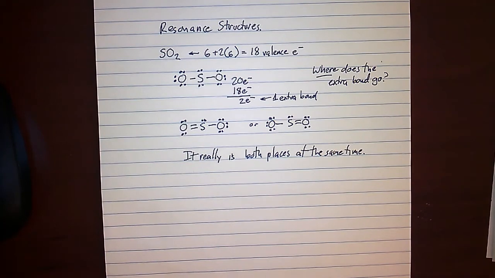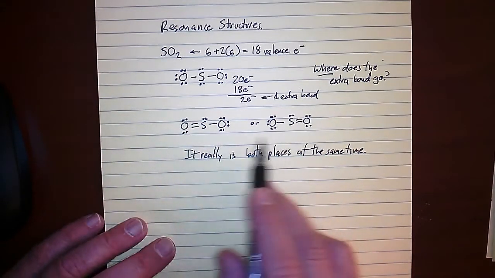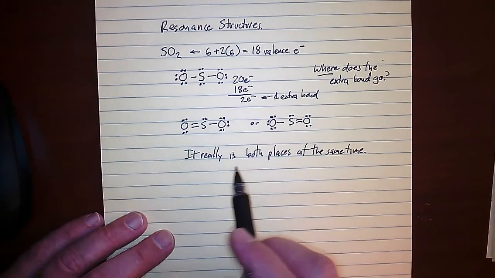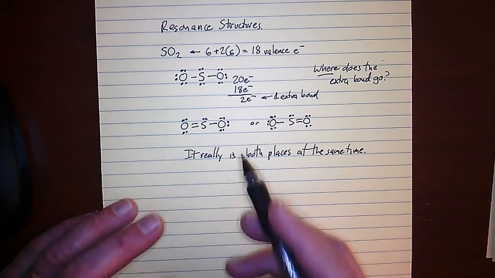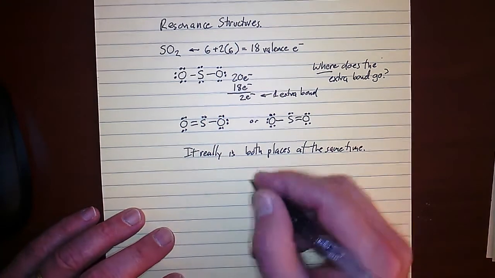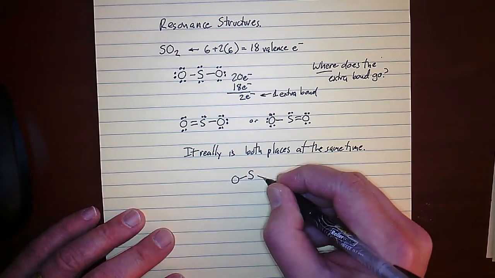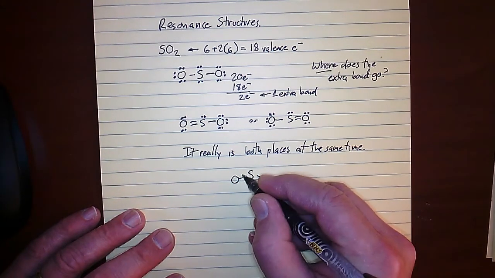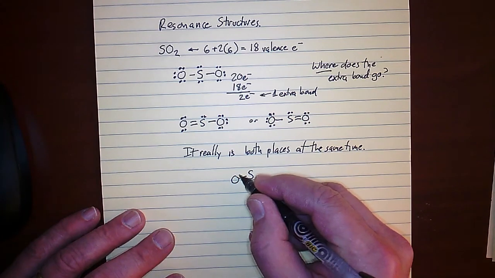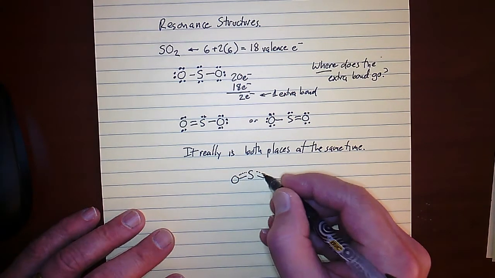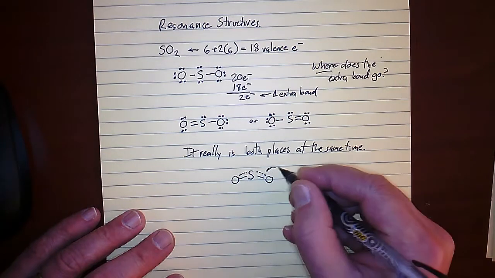There's not a good way of representing this with Lewis dot structures. With Lewis dot structures, we have to put dots or bonds in specific places. But what we really want is something that looks like this, where we have the O and the O with a single bond, and then we have that extra pair of electrons smeared across both locations.